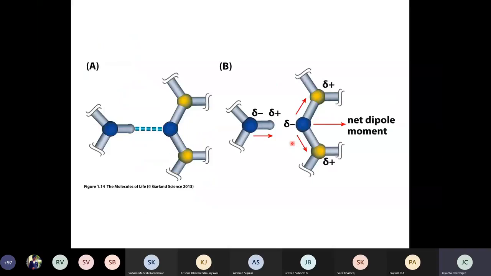The other thing one must understand, and I don't know whether you've studied this, is that it's not really necessary that you have A, H, and B kinds of atoms for the formation of hydrogen bonds, right? You can also have A, H, and A, right?